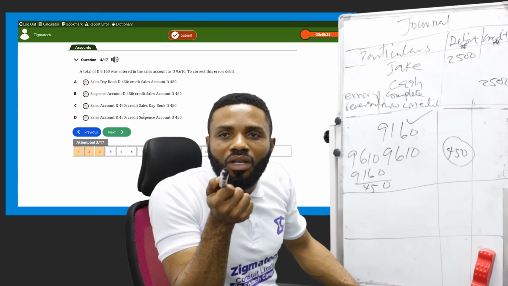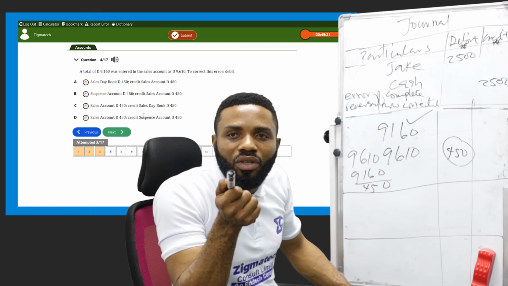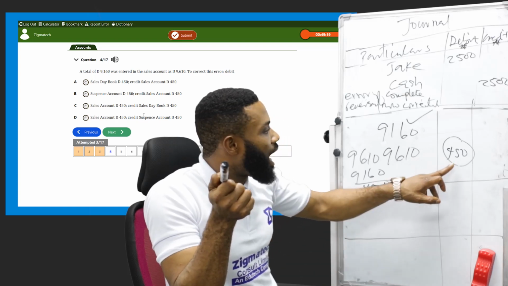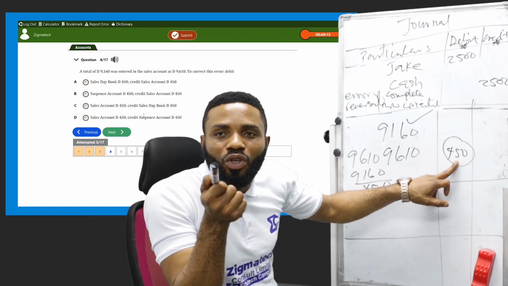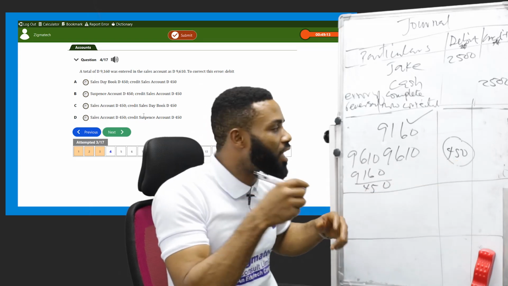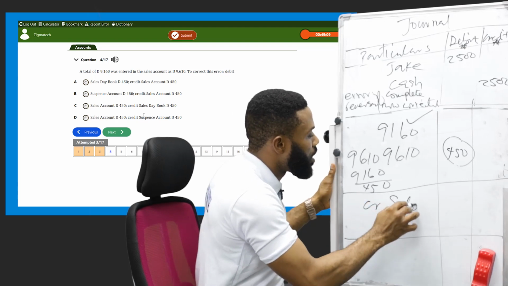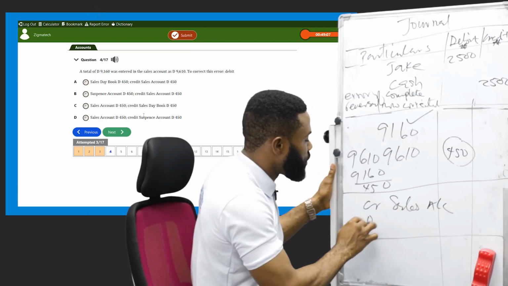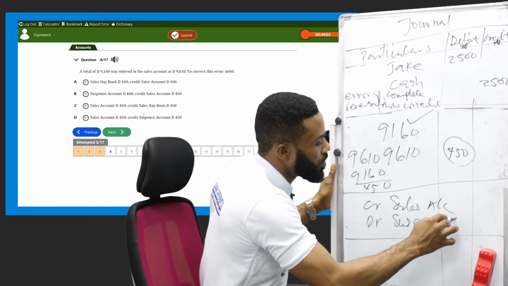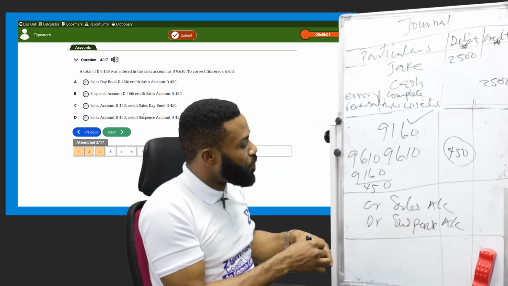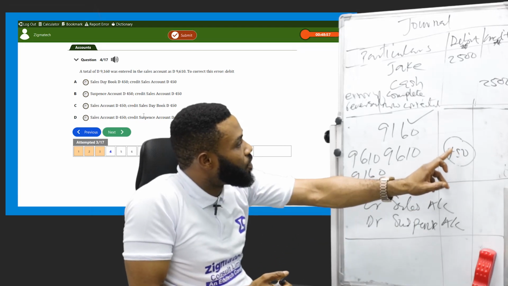We are going to credit sales account and we are going to debit suspense account. All right. So we will debit suspense and we are going to credit sales because we are adding this value.